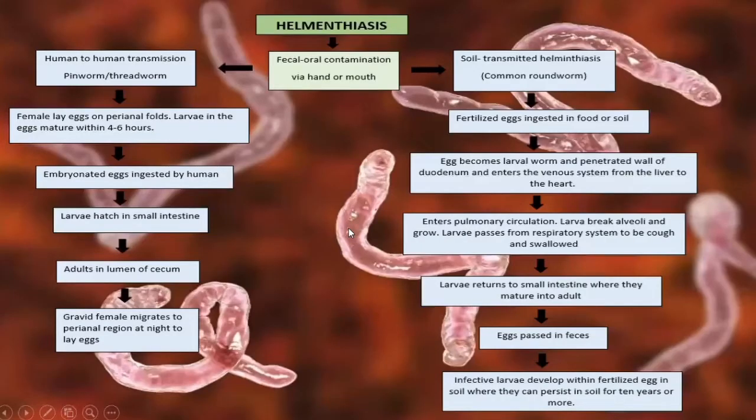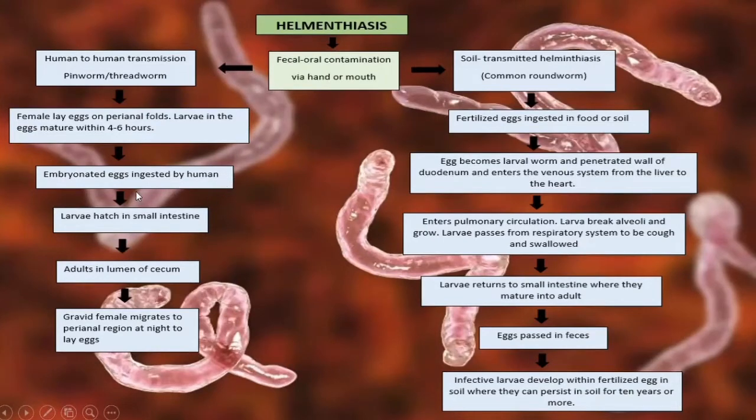So these are the pathologic processes of helminthiasis. First off, fecal-oral contamination via hand or mouth. Human to human transmission is usually caused by pinworm or threadworm. Females lay eggs in the perianal folds. Usually the larvae mature within a time span of 4 to 6 hours. Embryonated eggs are ingested by humans.